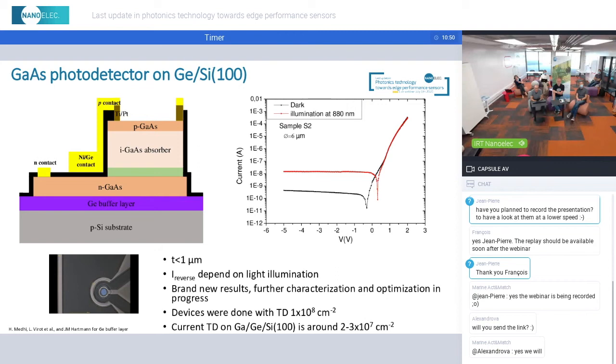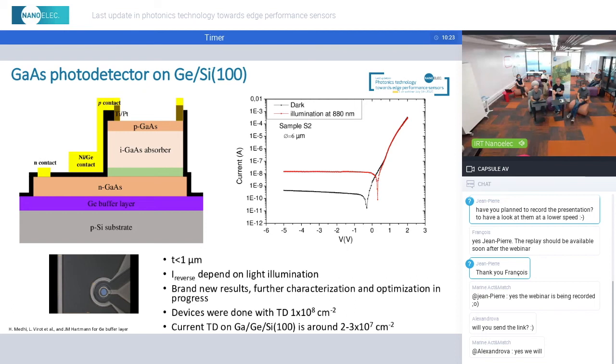I also want to mention that another component in photonic devices is photodetectors, and we have started some work to form photodetectors with direct epitaxy on gallium arsenide, on a germanium buffer on silicon. This is the typical structure we have grown. We want to demonstrate whether it's possible to make a photodetector with such a high threading dislocation density.